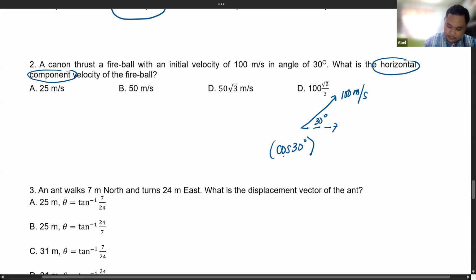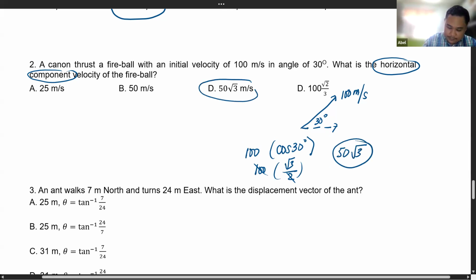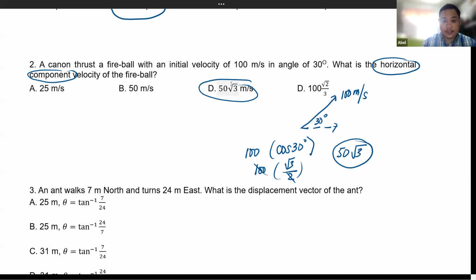multiplied to 100. And what is cosine 30 degrees? Cosine 30 degrees is root 3 over 2, and then multiplied to 100. And so 100 over 2 would be equal to 50 root 3. And so the horizontal component is 50 root 3.